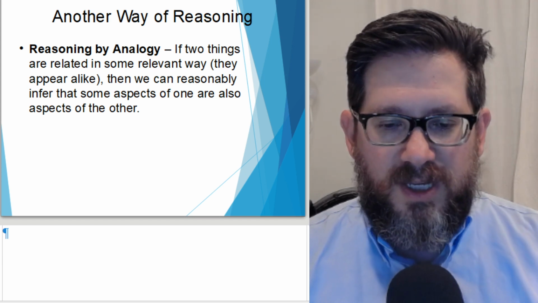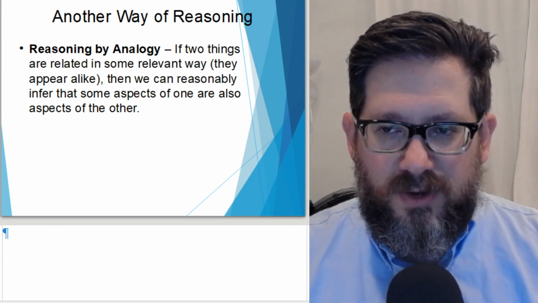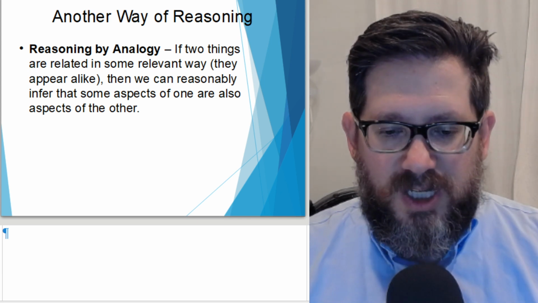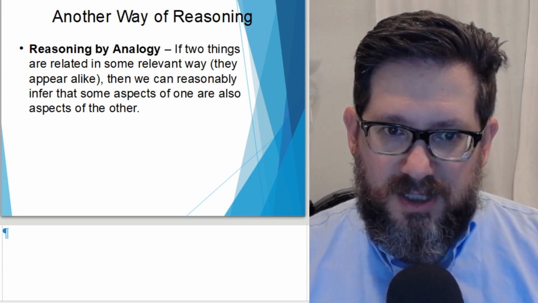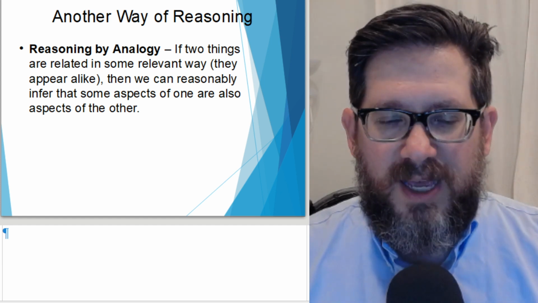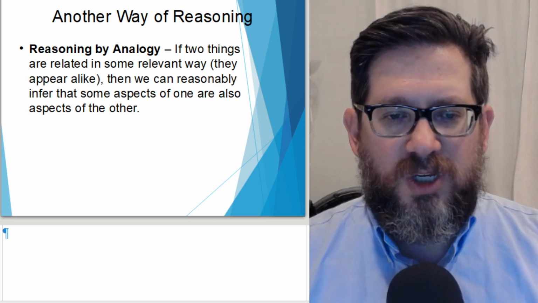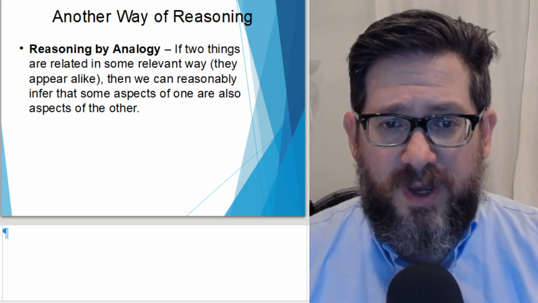So there are 2 things, they seem to resemble each other. If something is true of one, then, reasoning by analogy, since the other thing is analogous, it probably also has that characteristic.